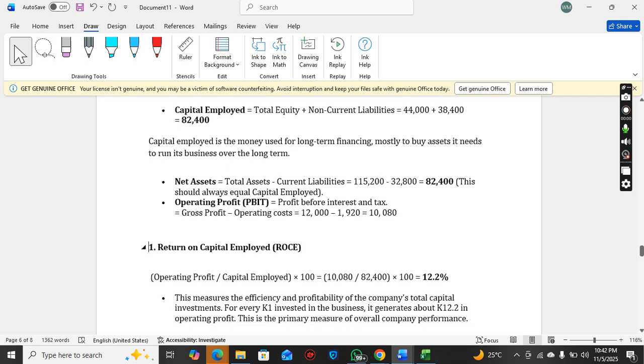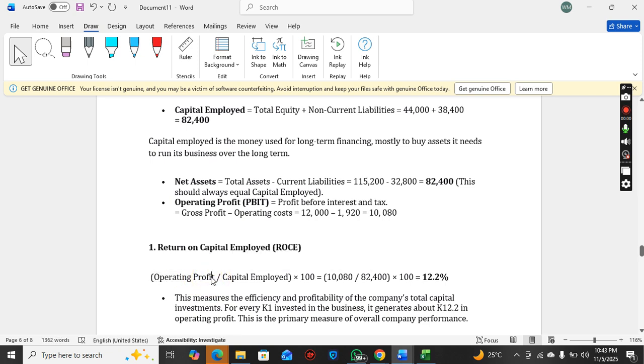Okay. Then we also need to get our operating profit. Because for return on capital employed, sometimes they might use the net profit, they might use the profit before tax, but usually always get your operating profit.